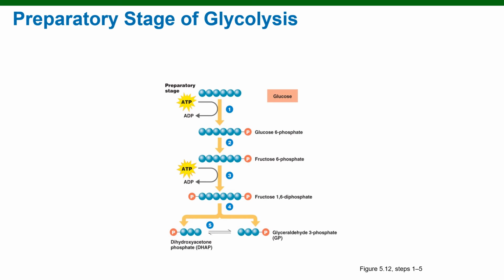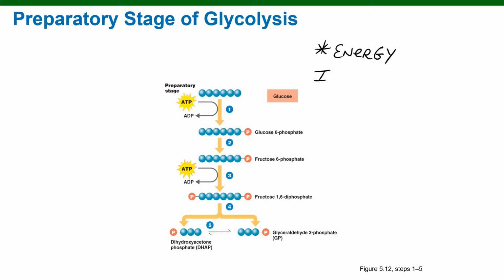Taking a look at glycolysis in a little bit more detail, we can see the 10 steps split into the next 2 slides. This slide shows the first 5 steps, and for this course, we will not be required to memorize each step and intermediate that's involved, but we can at least say that the first 5 steps of glycolysis are referred to as the preparatory stage, also known as the energy investment phase.